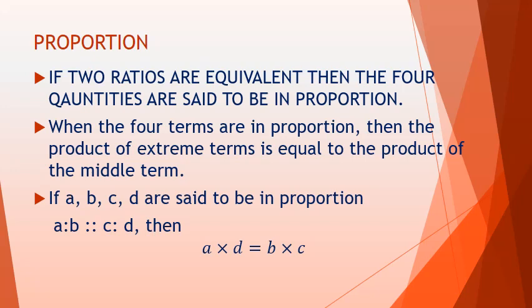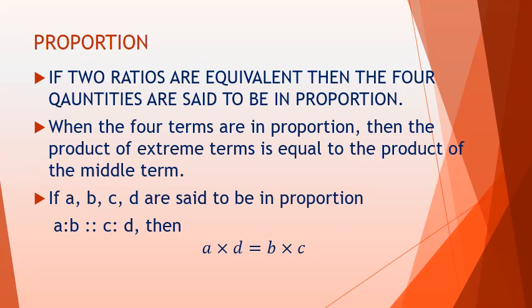For example, if A, B, C, D are in proportion, then we can write the four numbers as A is to B as C is to D. The four dots indicate that the two ratios are equal, or it is the sign of proportion.